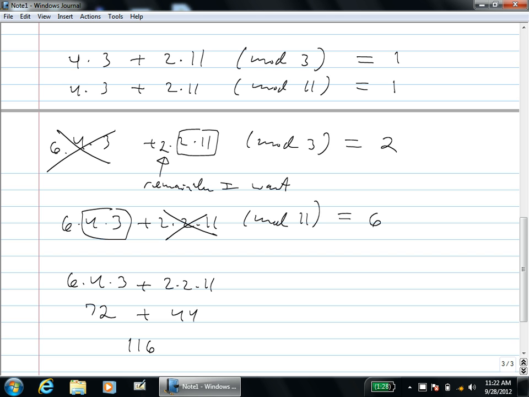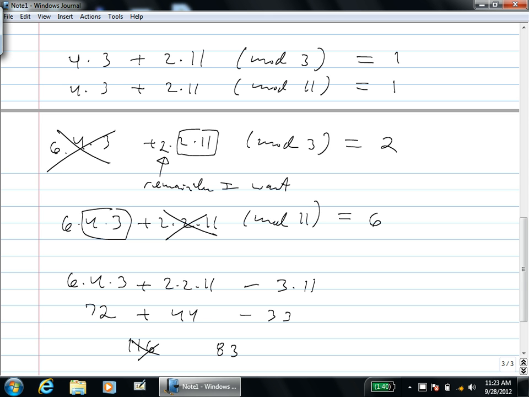Yes? You subtract 33. That's correct. If I were to subtract 33 from this thing, which I'm going to write as 3 times 11, I would get a smaller answer, which would be 83, which also, yes?